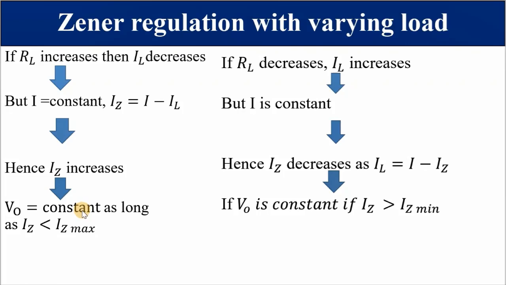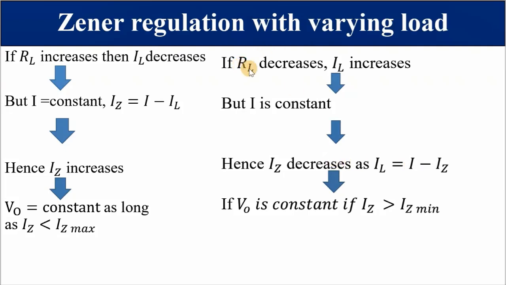So we are saying an increase in RL is dealt with by the Zener diode in that the current through the Zener is going to increase but will not exceed maximum Zener current. Therefore, the output voltage is going to be maintained constant. If RL decreases, obviously it means that this is going to increase. If this increases, it means that this must decrease because this is a constant.